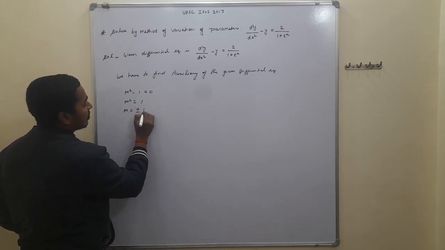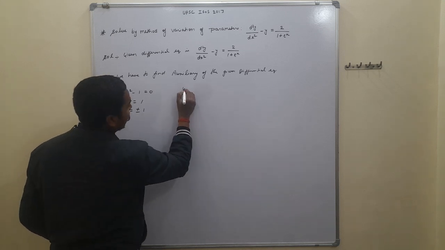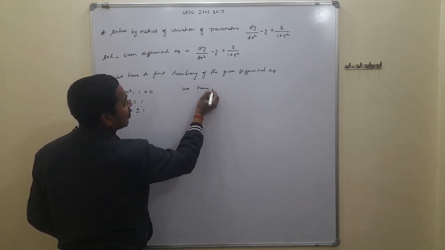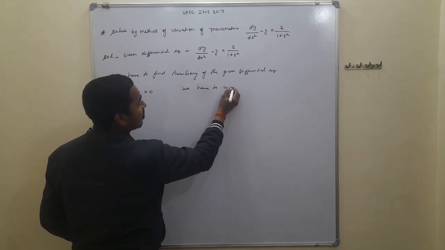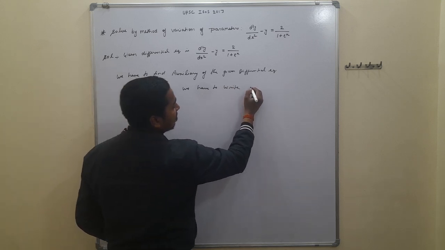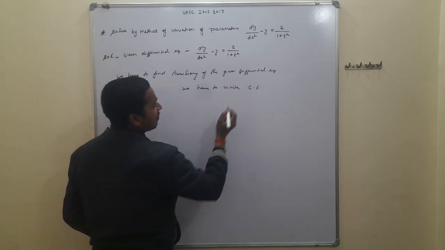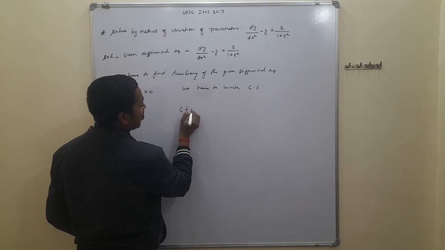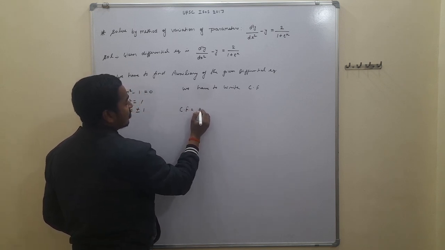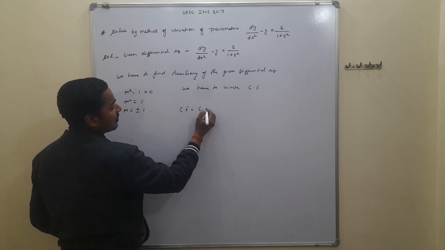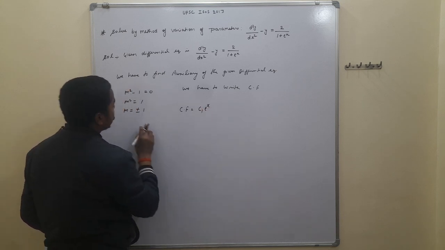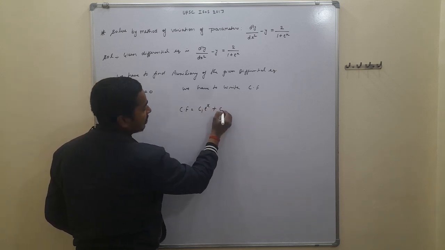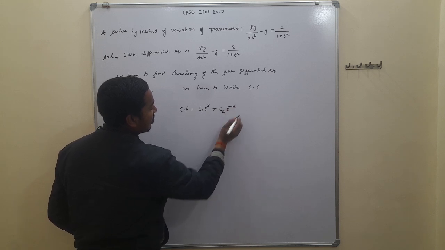We have to write the complementary function of the given differential equation. The complementary function is given by c1 e to the power of x plus c2 e to the power of minus x.